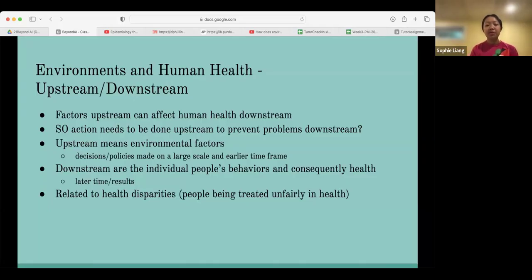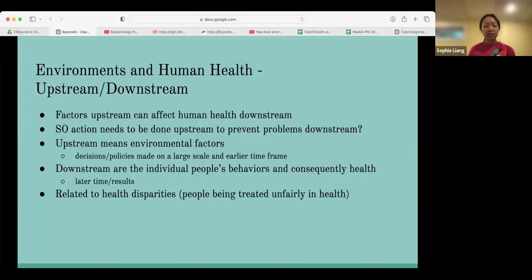So upstream is like environmental factors. That's decisions and policies made on a large scale in an earlier time frame. Downstream is like individual people's behaviors and consequently people's health, maybe issues or something.